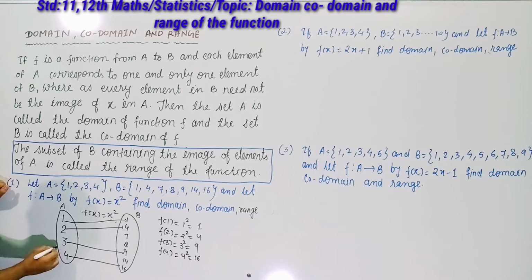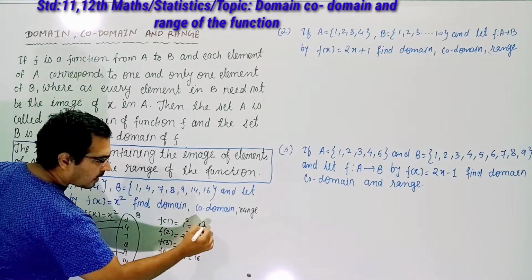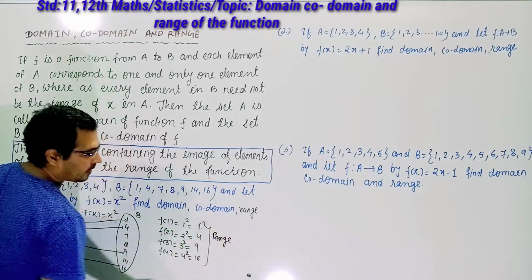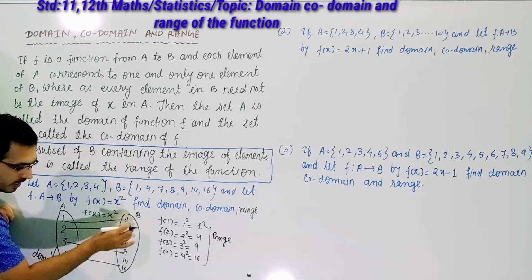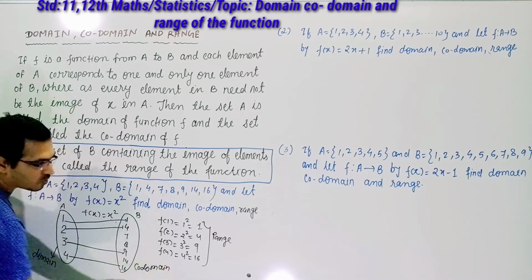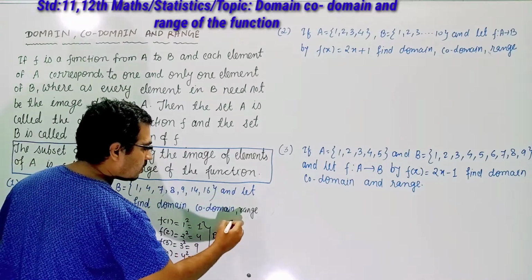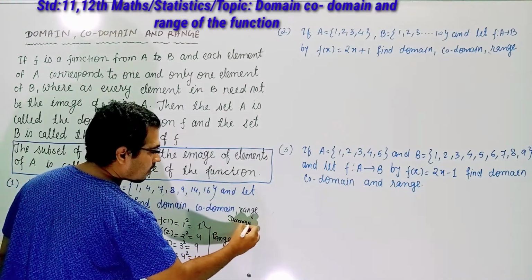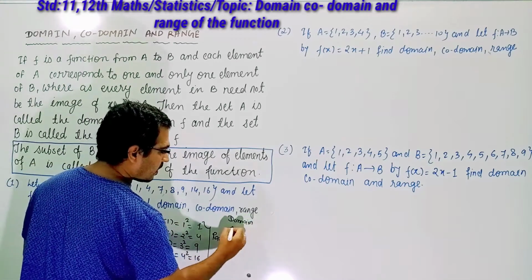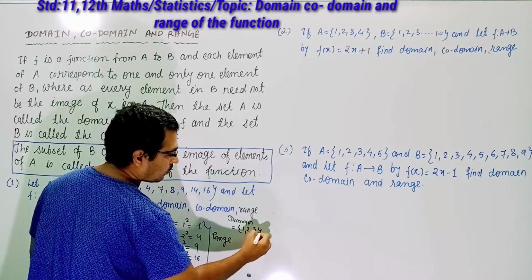So students, this part is the domain, these parts are the range, and these elements are the codomain. In short, we can write: the domain, the elements of the domain, are 1, 2, 3, 4.